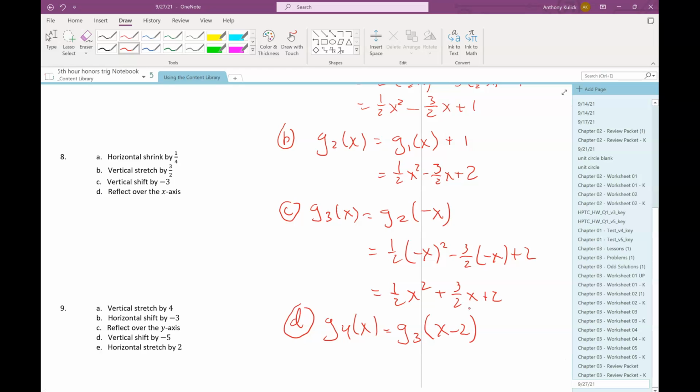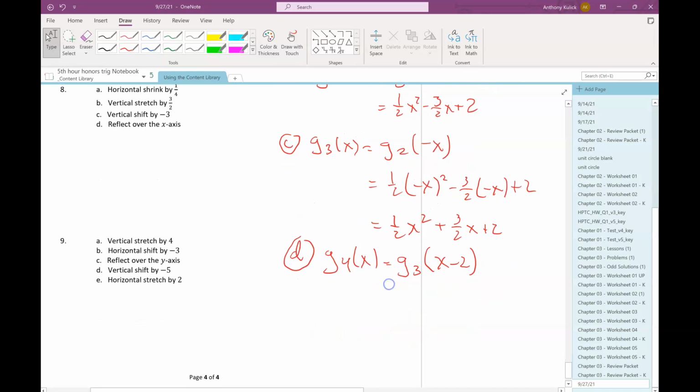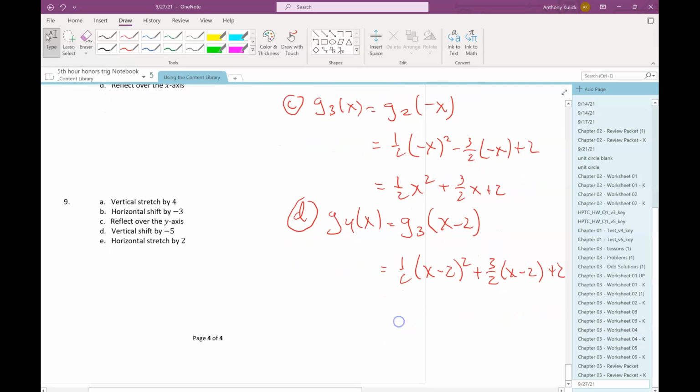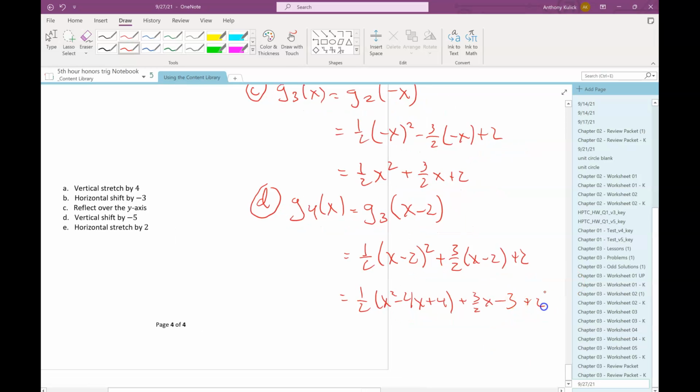Is everybody still doing okay? So when I do that, I'm going to replace all my x's with x minus 2's. I'm going to have to FOIL out that x minus 2 squared. I'm just going to do that in my head, though. I'm going to distribute through the 3/2 x. I'm going to distribute through the 1/2.